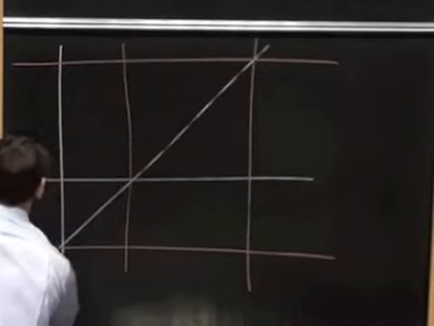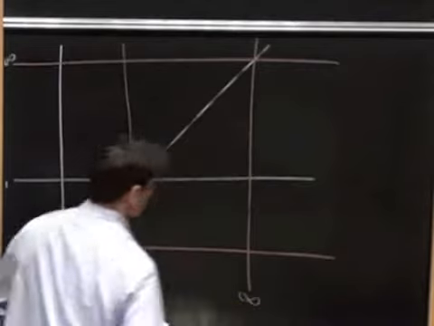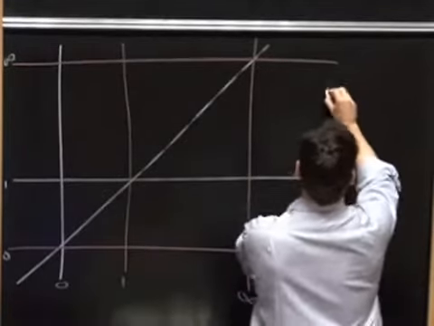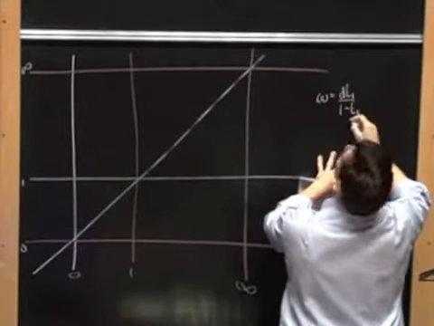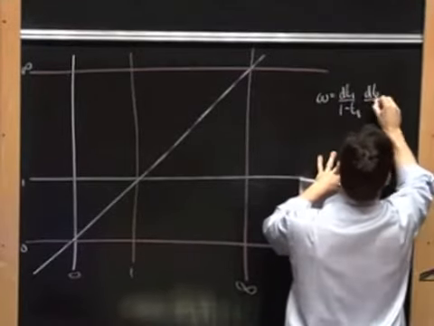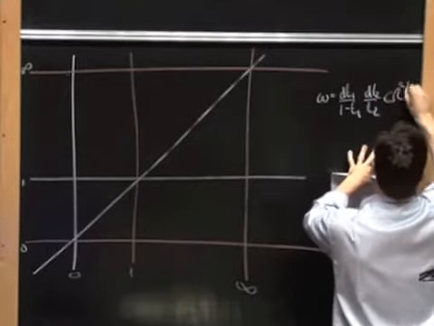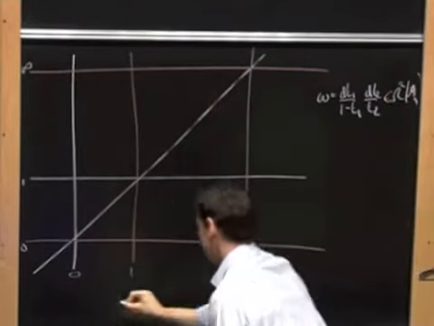So here we have 0, 1, and infinity, 0, 1, and infinity. And so let me write omega is dt1 over 1 minus t1, dt2 over t2. That's the form we want to integrate. So that's certainly a 2-form on M_{0,5}.